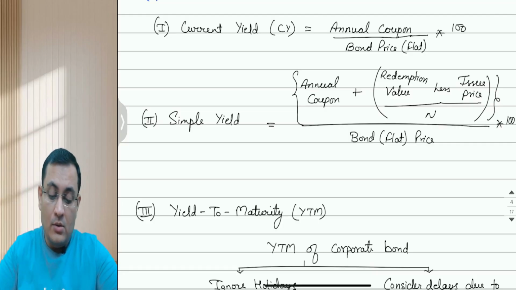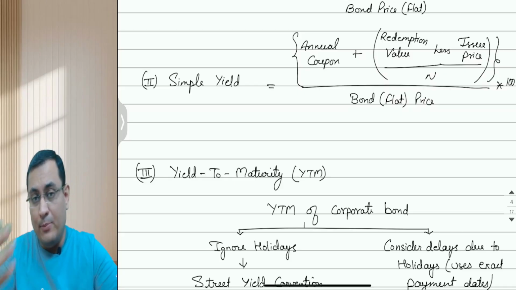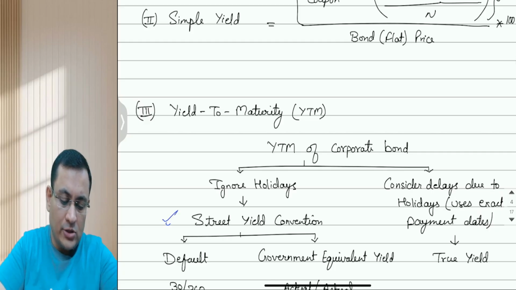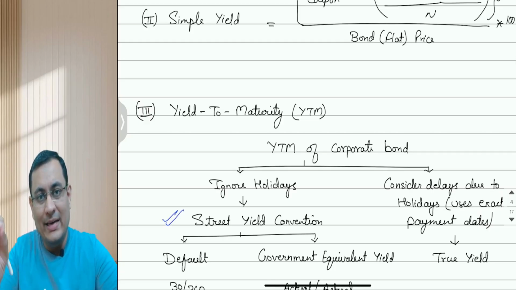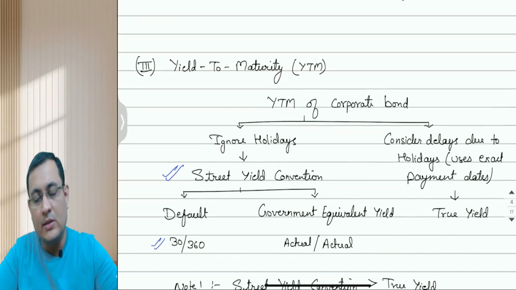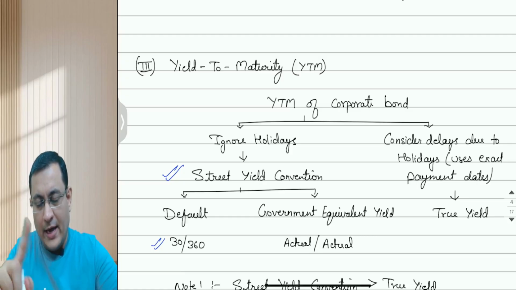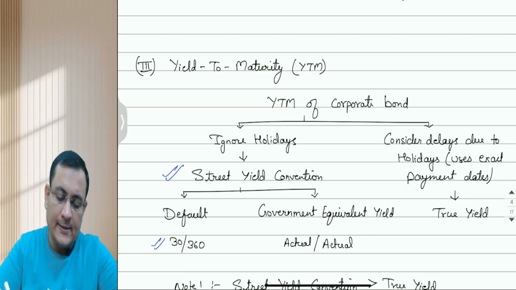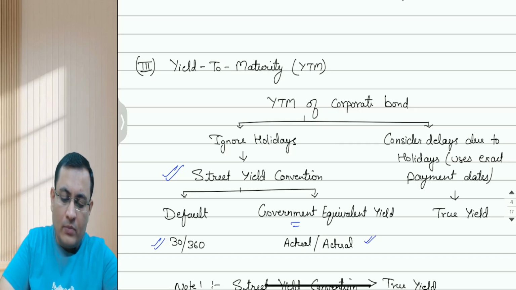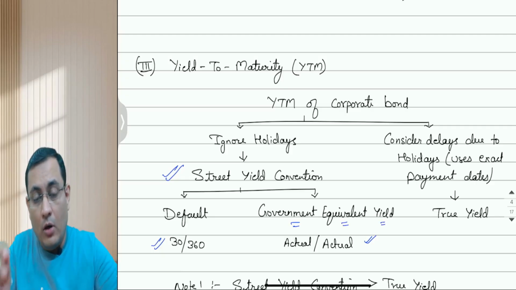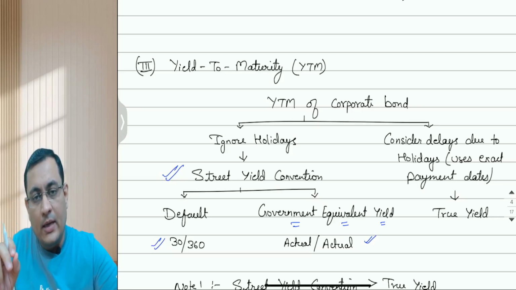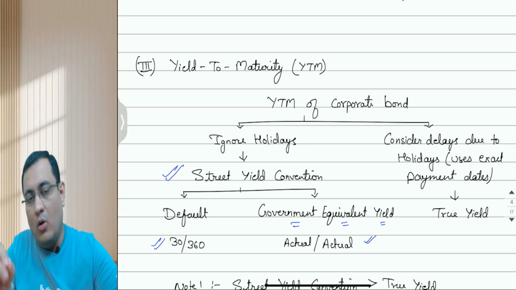This type of yield calculation is called the street yield convention, where you are using 30/360. But when you use actual/actual, this street yield convention is called government equivalent yield. We have already done the semi-annual bond equivalent yield.